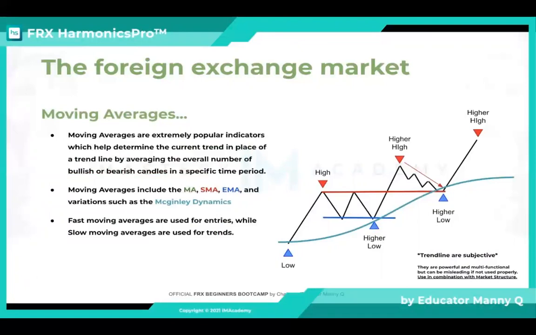Many traders use moving averages, including the moving average, the smooth moving average, the exponential moving average, and different variations such as the McGinley dynamic. I use the McGinley dynamic.